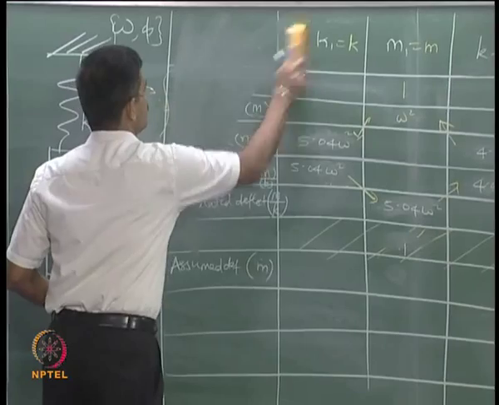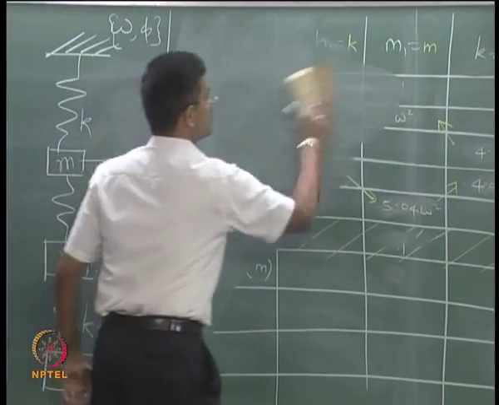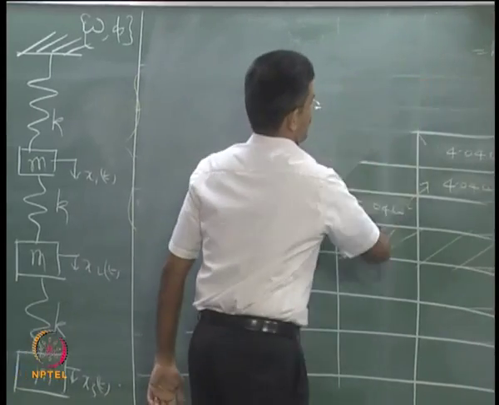Now I will remove all these stories and use it in a standard conventional form which we have been solving in the last class.